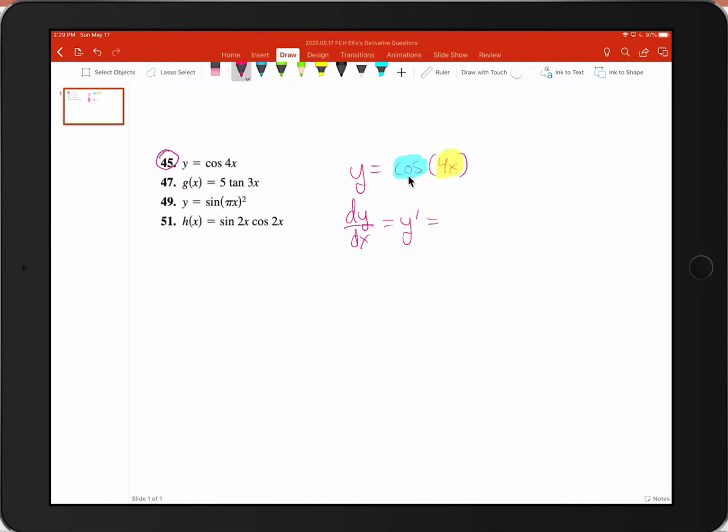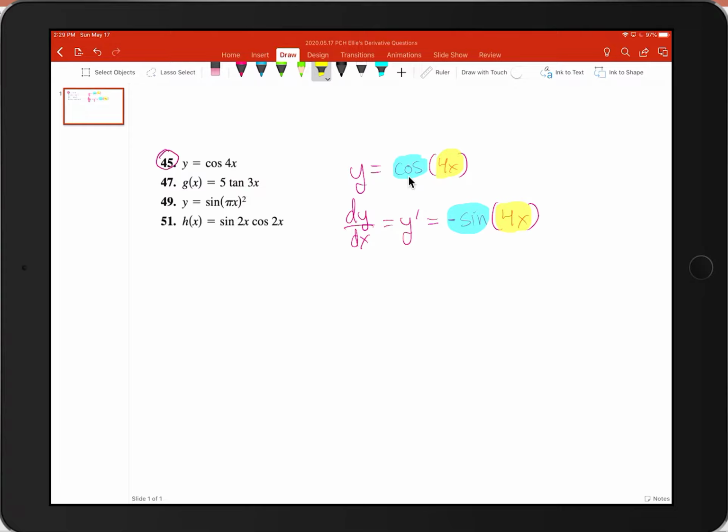And as I mentioned in class, first I'm going to do something. And that something is take the derivative of the outside function. And as we went over, the derivative of cosine is negative sine. Then I'm going to do nothing. The inside function never changes.